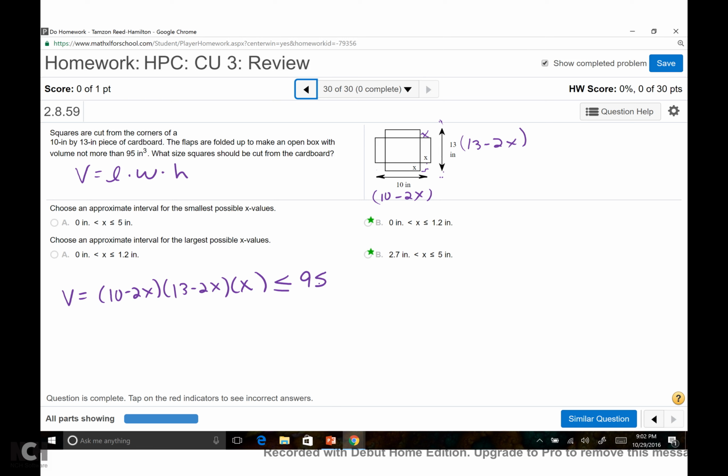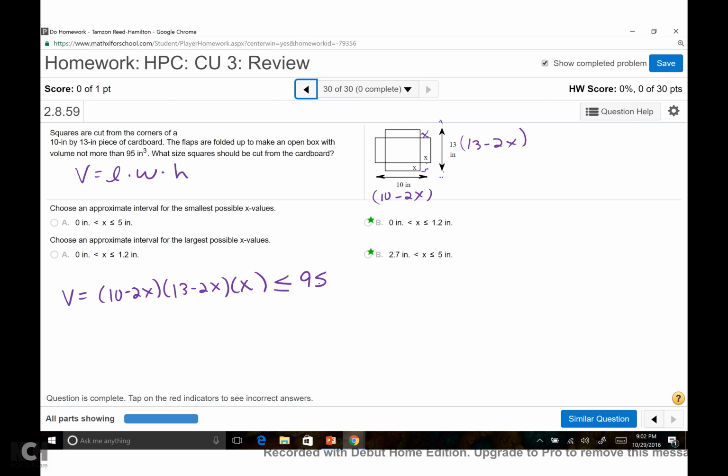Okay, so if I go to y equals and I type 10 minus 2x times 13 minus 2x times x, and for y2 type 95, adjust my window to go from my y's. I don't need to see the negatives, so -2, I want to go to 100 and count by tens.